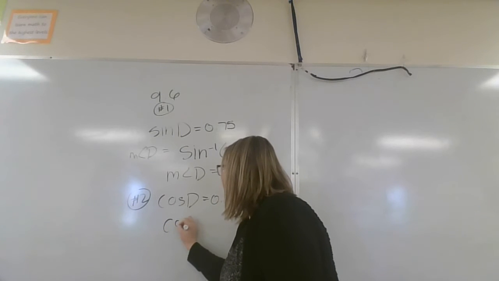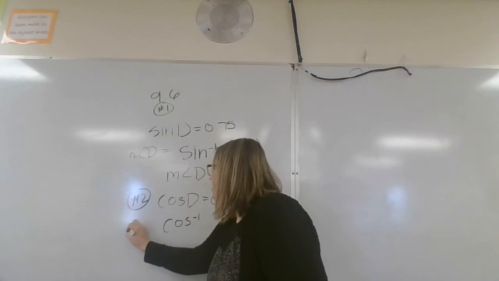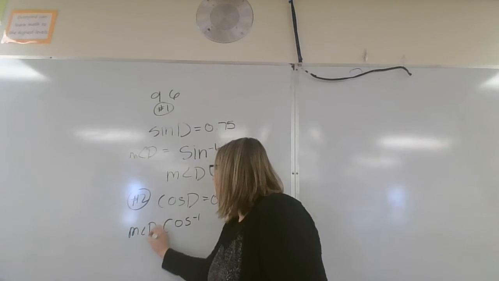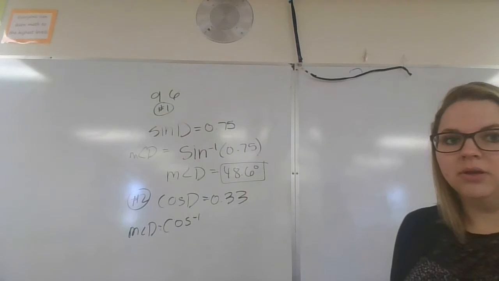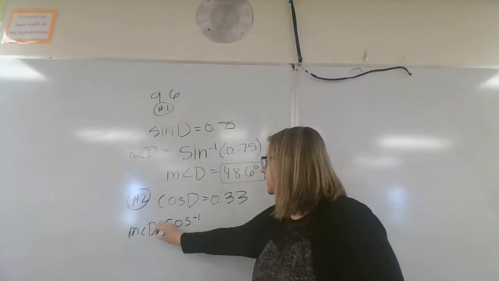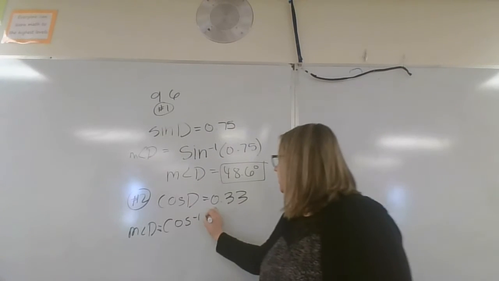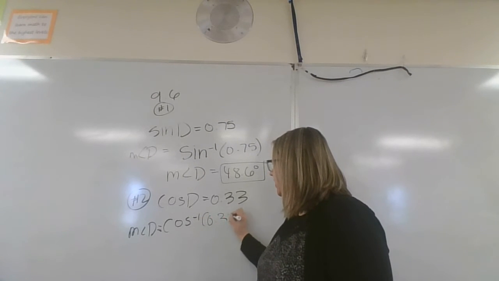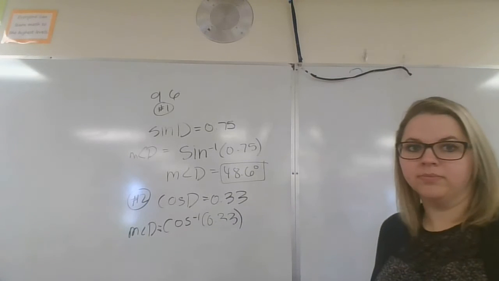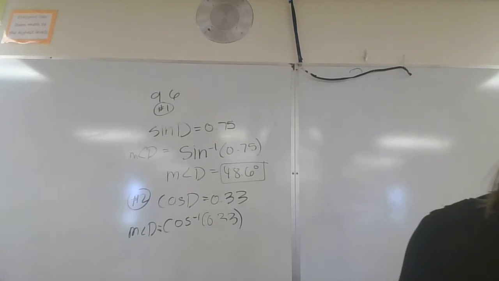That's this little guy here. The measure of angle D equals the inverse of cosine of 0.33.